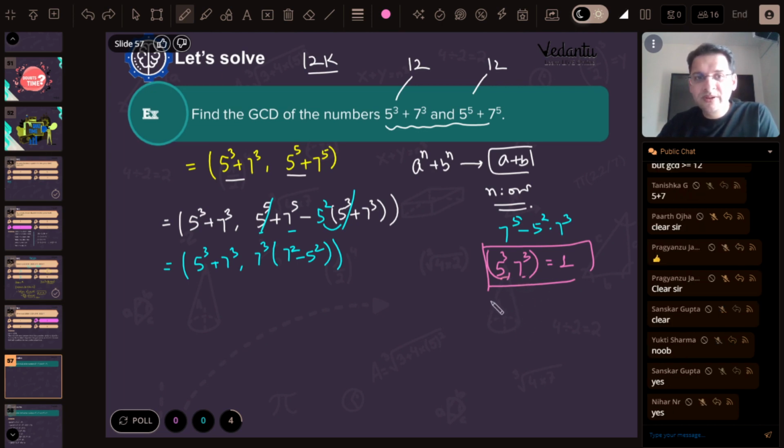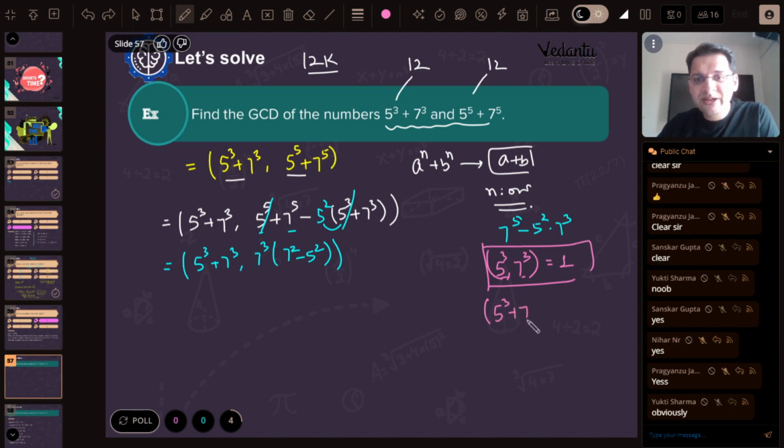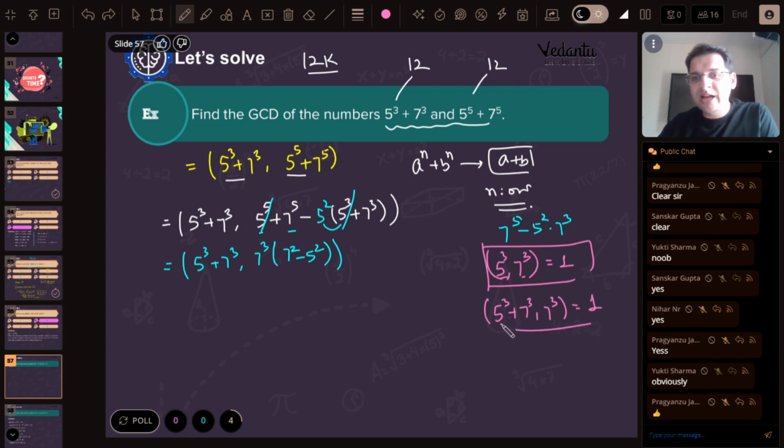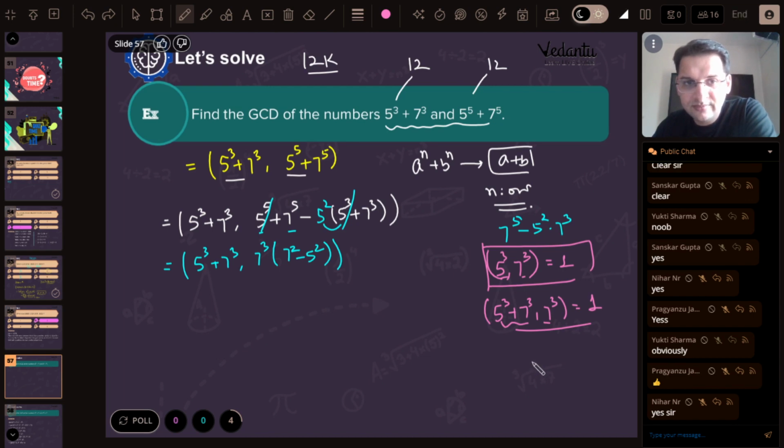So that means GCD of 5 cube plus 7 cube and 7 cube is also 1. These two numbers have no number common. So can I say I can remove 7 cube from here, and the GCD of these two numbers is going to be the same as GCD of 5 cube plus 7 cube and 7 square minus 5 square? Can I say that? Did you understand this step?